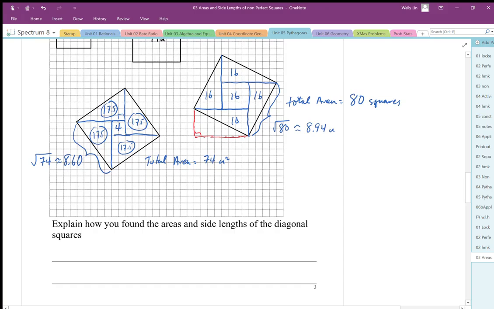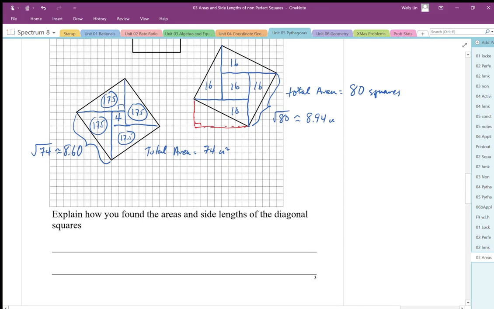So how do we find the side lengths of the diagonal squares? Well, we broke this up into one square and 4 right triangles, and added up the areas.